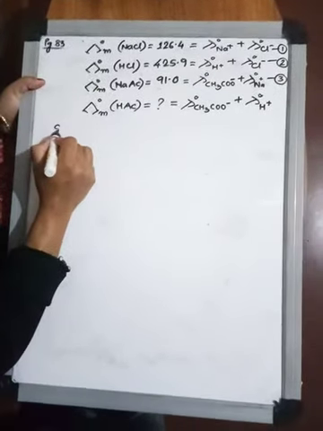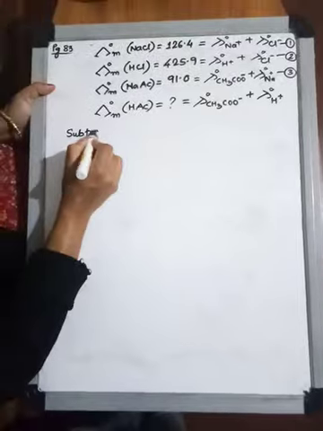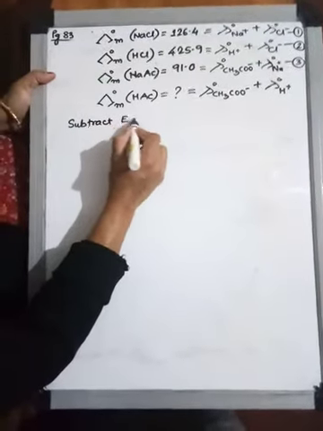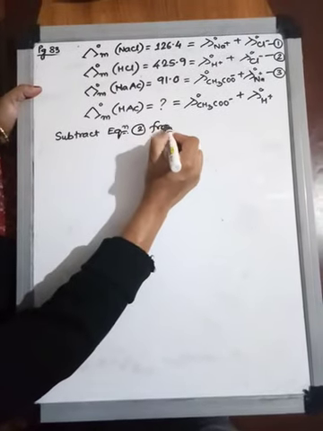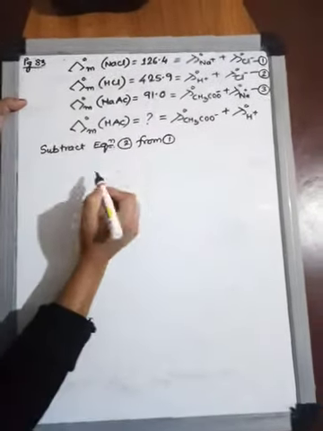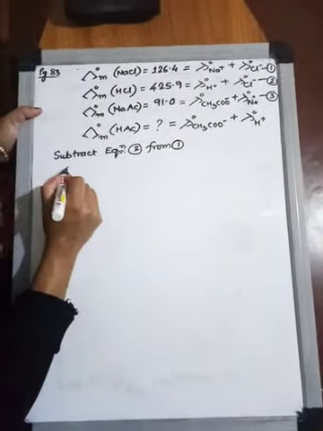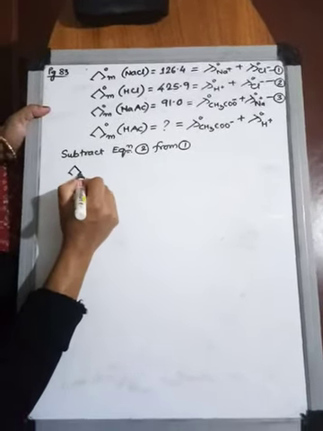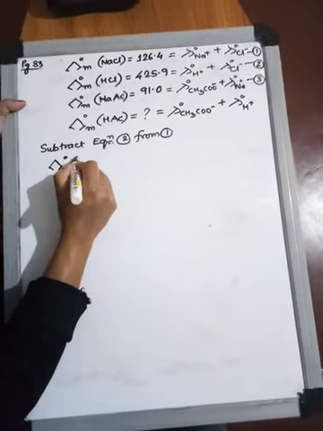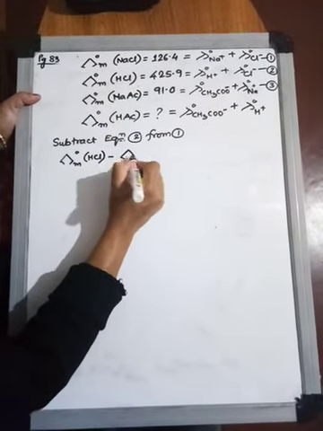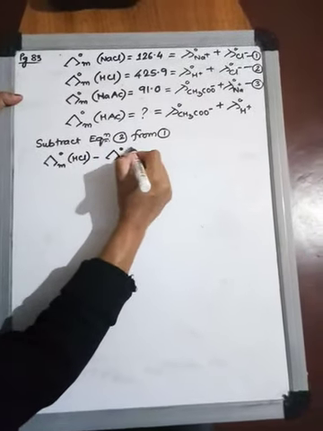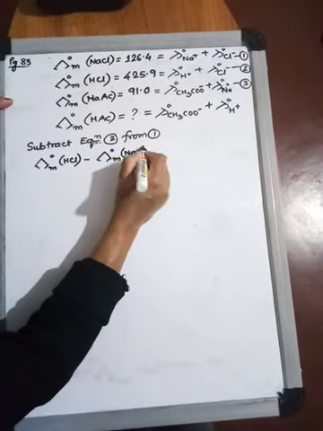Now let us subtract equation 2 from 1. What do we get? So we will get lambda m0 HCl minus lambda m0 NaCl. This is what we want to do.